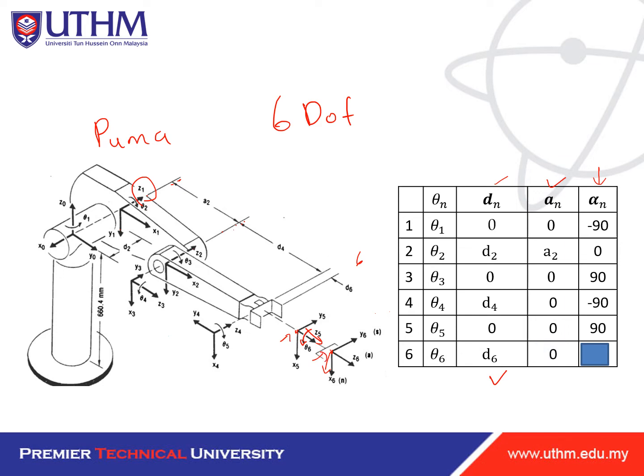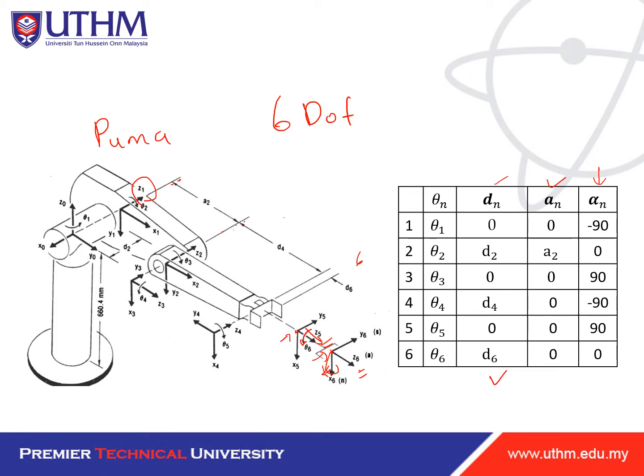And also for alpha 6, it is the rotation of x6, so that z5 will become the same as z6, and we can see both are the same, so it is 0. Now guys, we have completed the DH parameters for a 6 degree of freedom Puma robot.